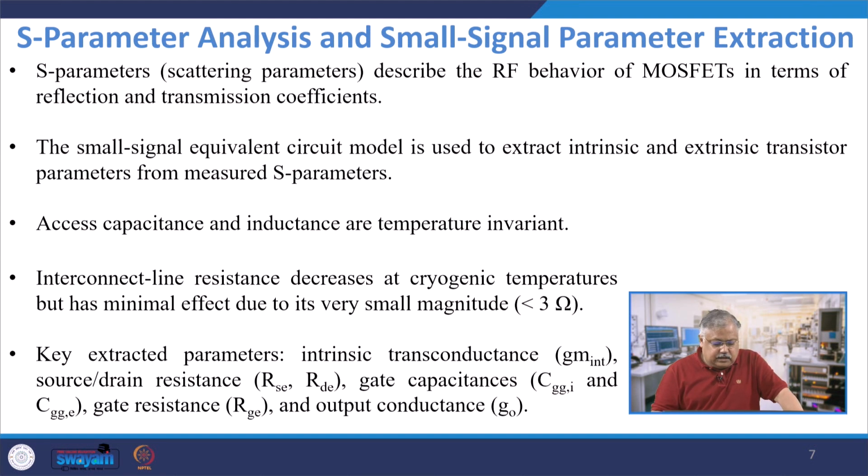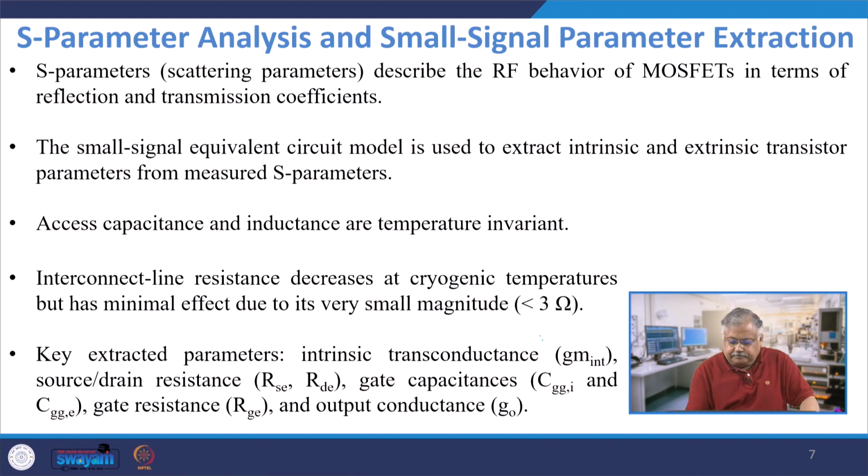The various key extracted parameters which the designer generally follows are basically the intrinsic transconductance parameter. We look after source drain resistance, gate capacitances, gate resistances, and output conductance. You need to also ensure that the variation of these parameters with respect to temperature, we find out analytically as well in order to appreciate how these key extracted parameters change with temperature.